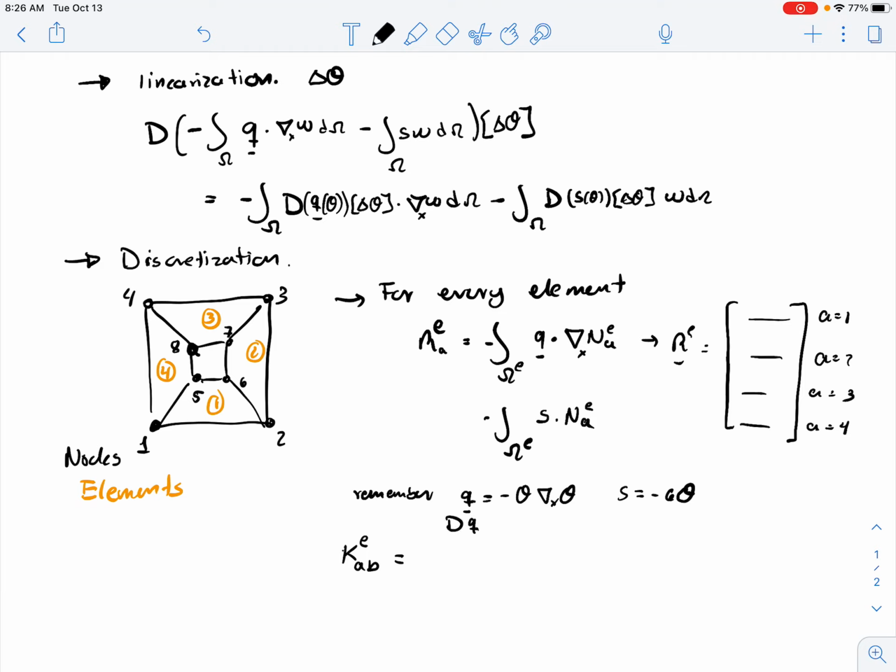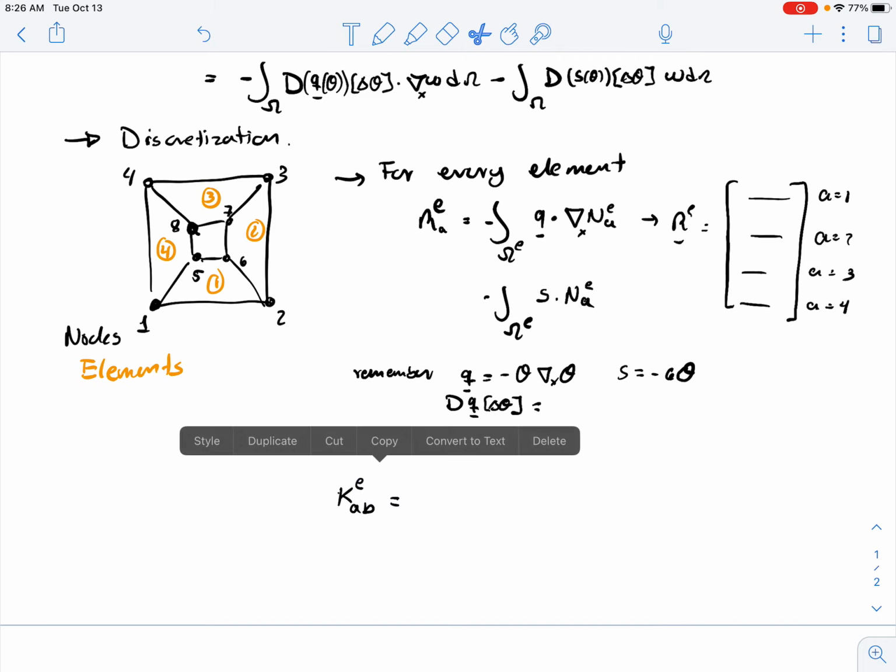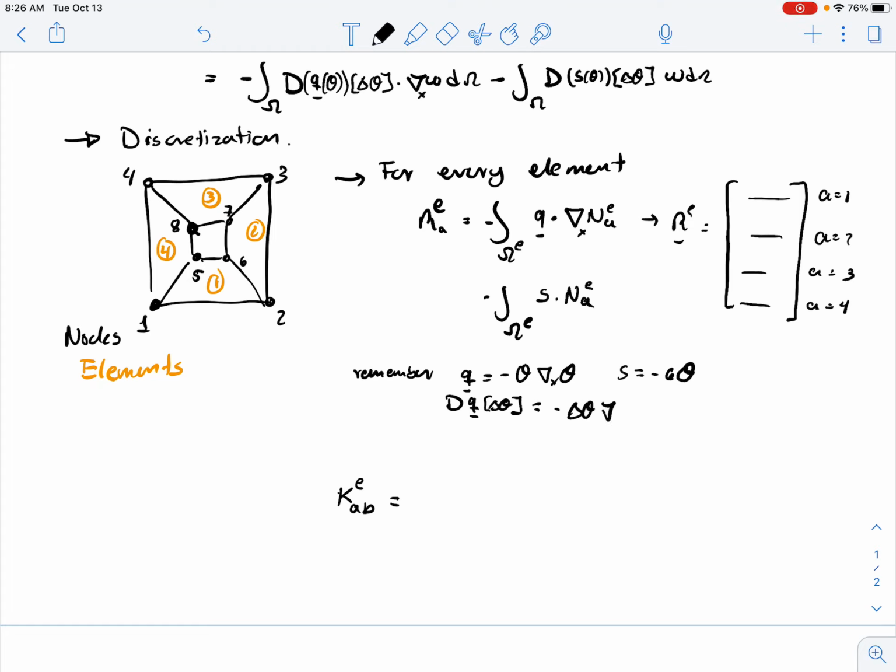So that means that the linearization of Q in the direction of the increment theta is going to be minus increment theta gradient x of theta, minus theta gradient x of the increment.